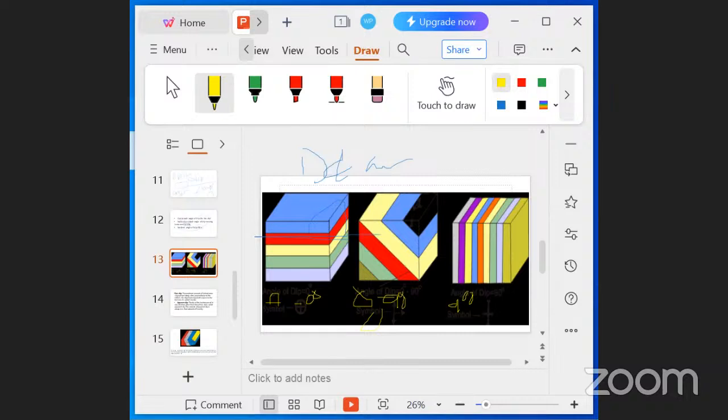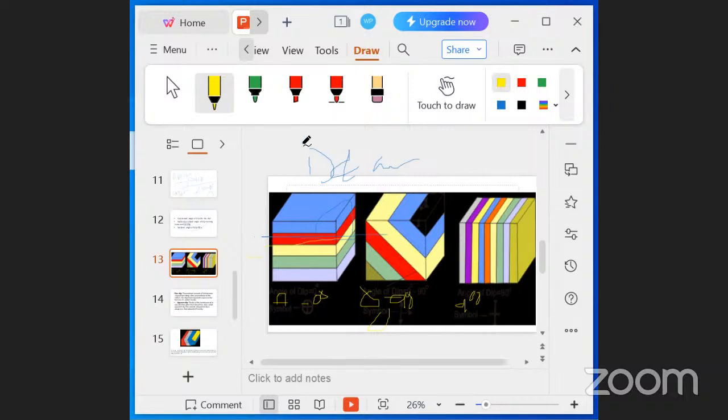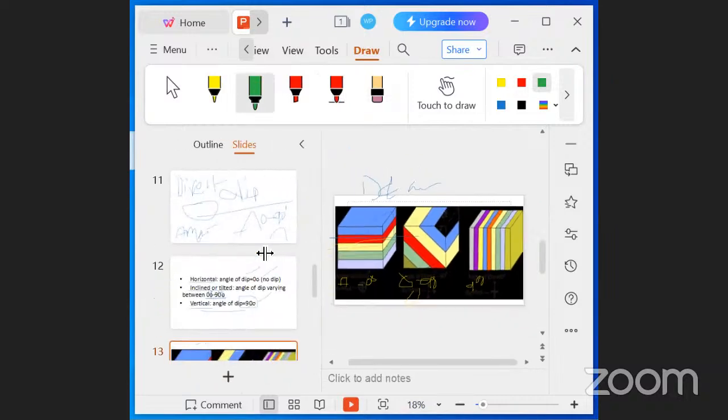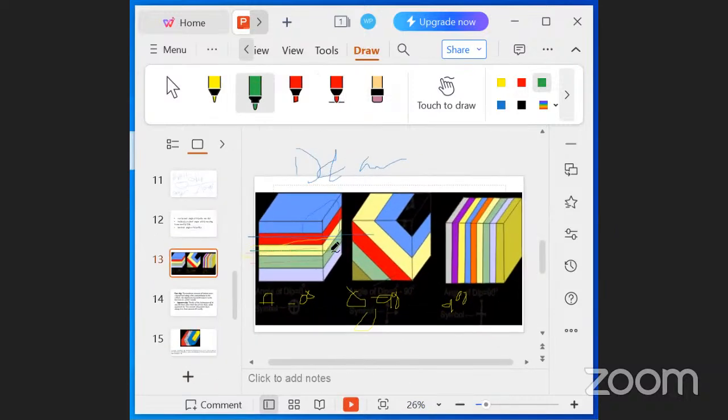You see this horizontal angle, this is the inclined or tilted angle of dip, and this is the vertical angle of dip, 90 degrees.